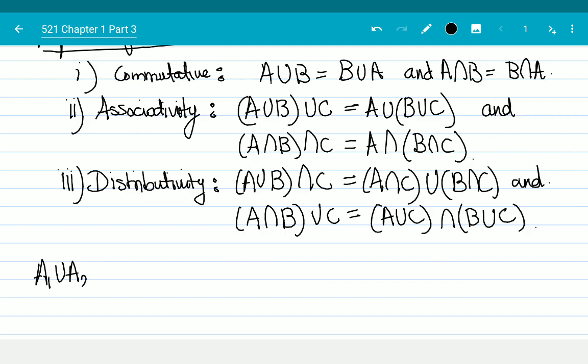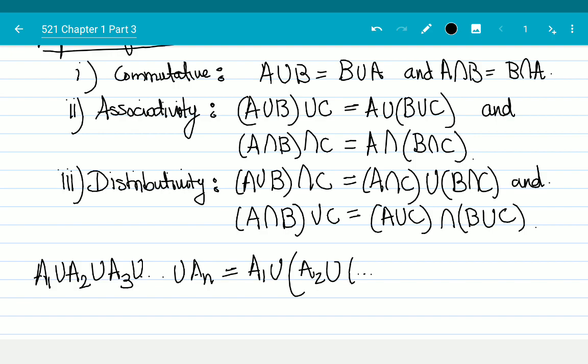A1 union A2 union dot dot dot union AN makes sense, because this is just A1 union A2 union dot dot dot union AN.